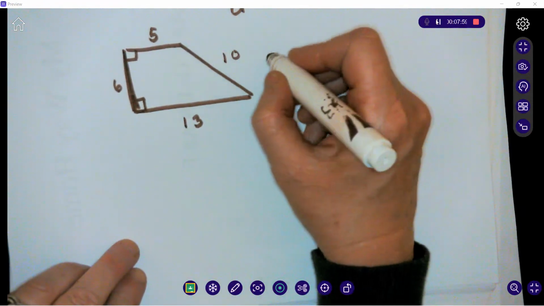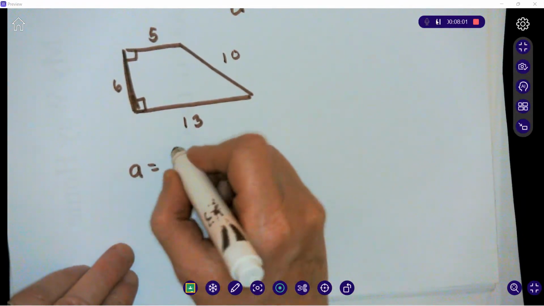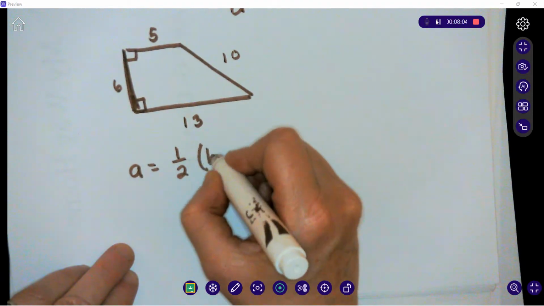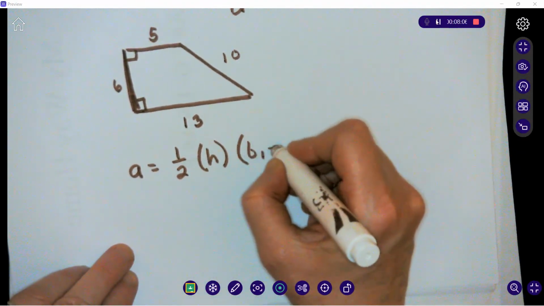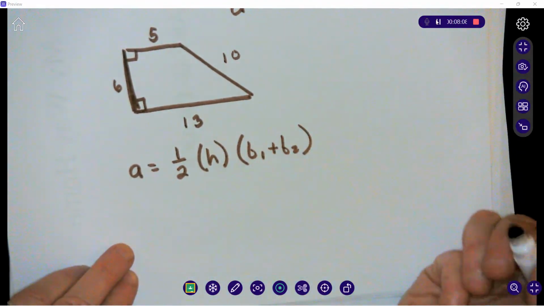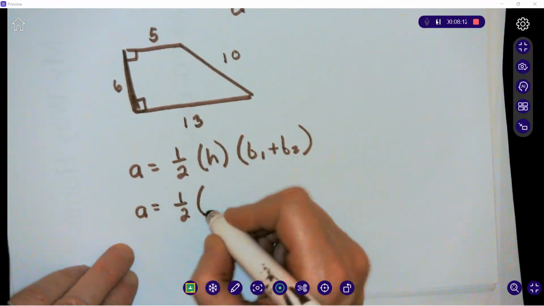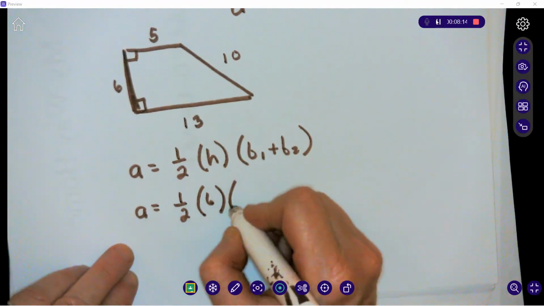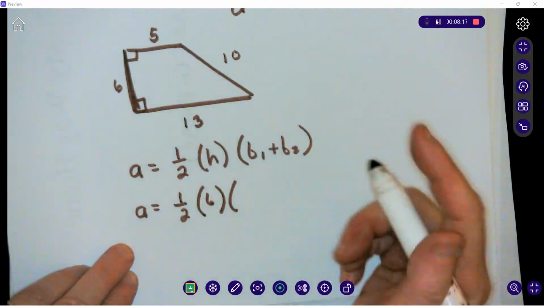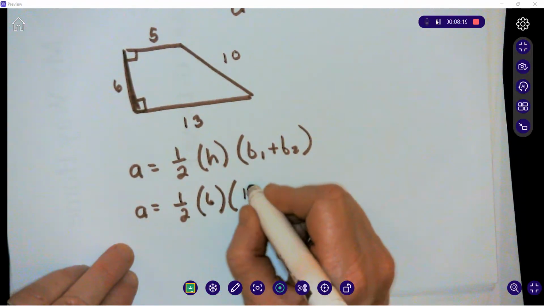So the area of a trapezoid is 1/2 times the height times the sum of the two bases. So this one's pretty easy. This one, it tells you everything. So it's 1/2 times the height, which is 6, times 13 plus 5, which is 18.